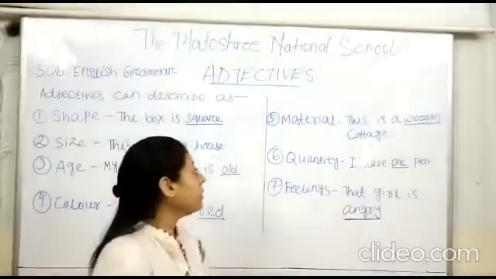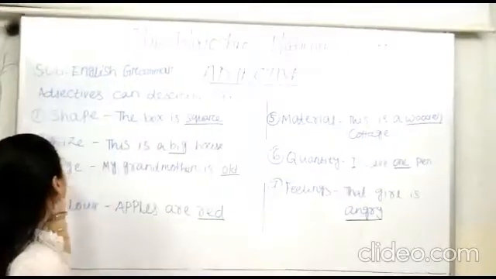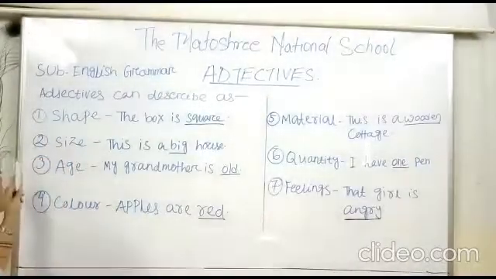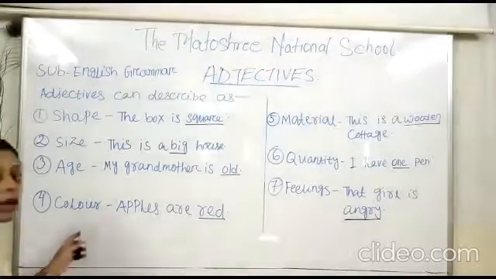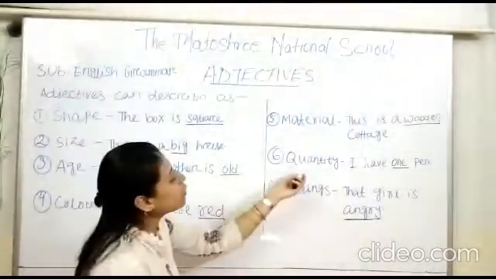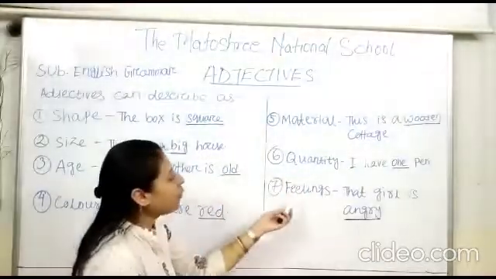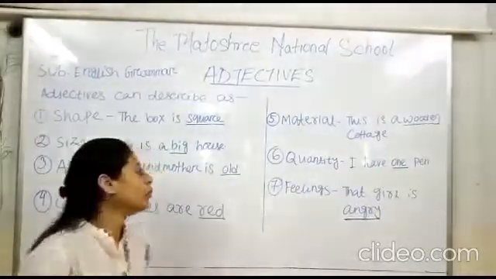Now we will learn how the adjectives can describe. Okay. First is shape. Second size. Third age. Fourth color. Fifth material. Sixth quantity. Seventh feelings. So now we will learn in detail. Okay.